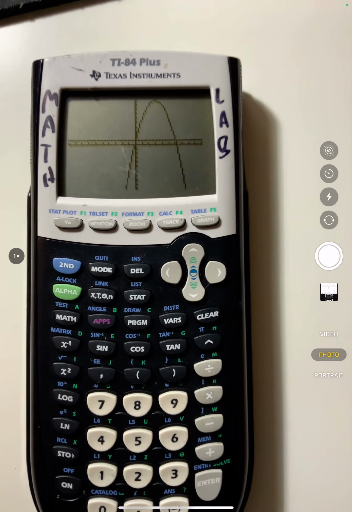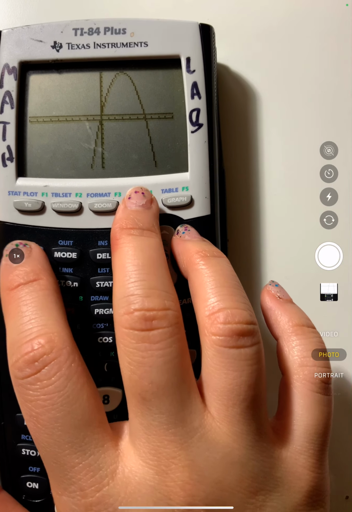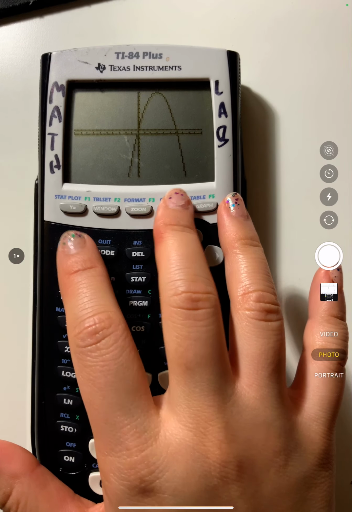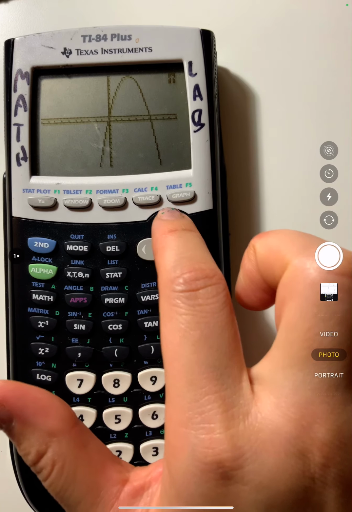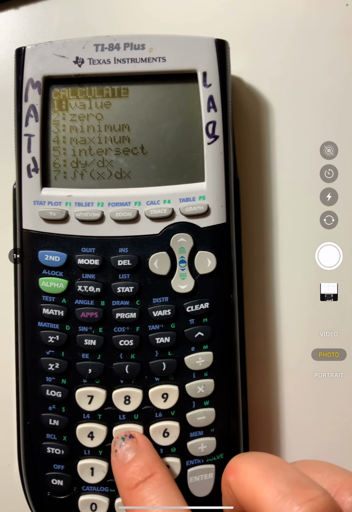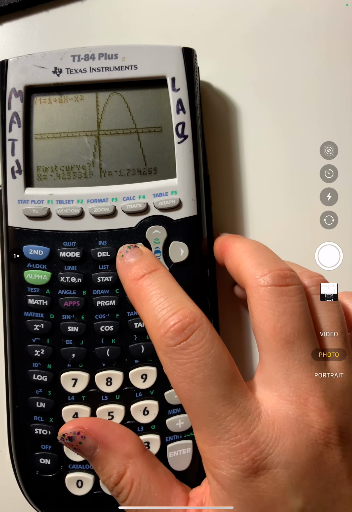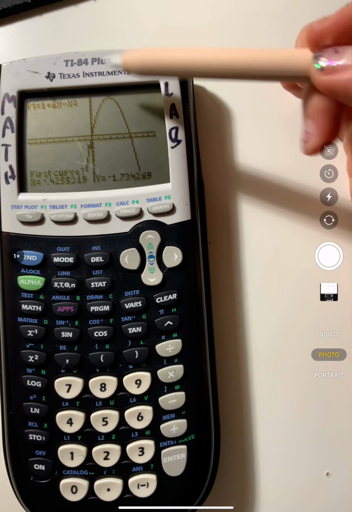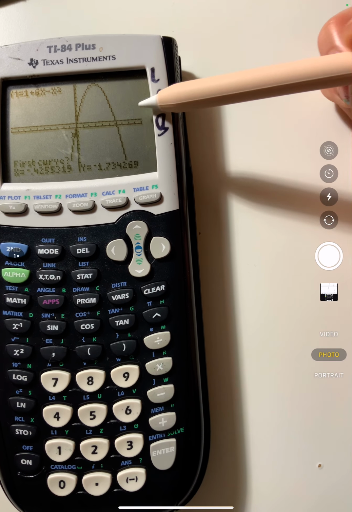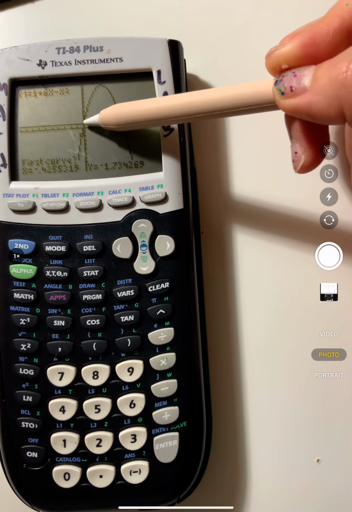With my calculator app, I couldn't do this one properly, so I just switched to this physical calculator. So second, calc. Intersect. It's going to ask for the first curve. There are two intersection points, here and here. You want to first have a curve that is close to the first intersection point.